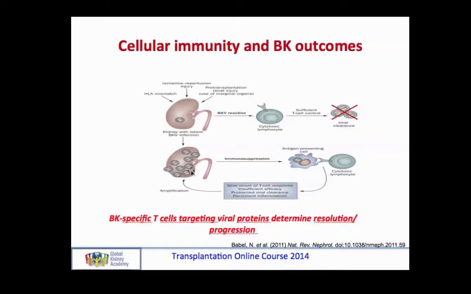You get amplification of the virus as a result of immunosuppression, and eventually develop an antibody. If you develop specific T cells, then you can develop a cytotoxic reaction, cytotoxic lymphocytes that target those viruses and promote viral clearance.